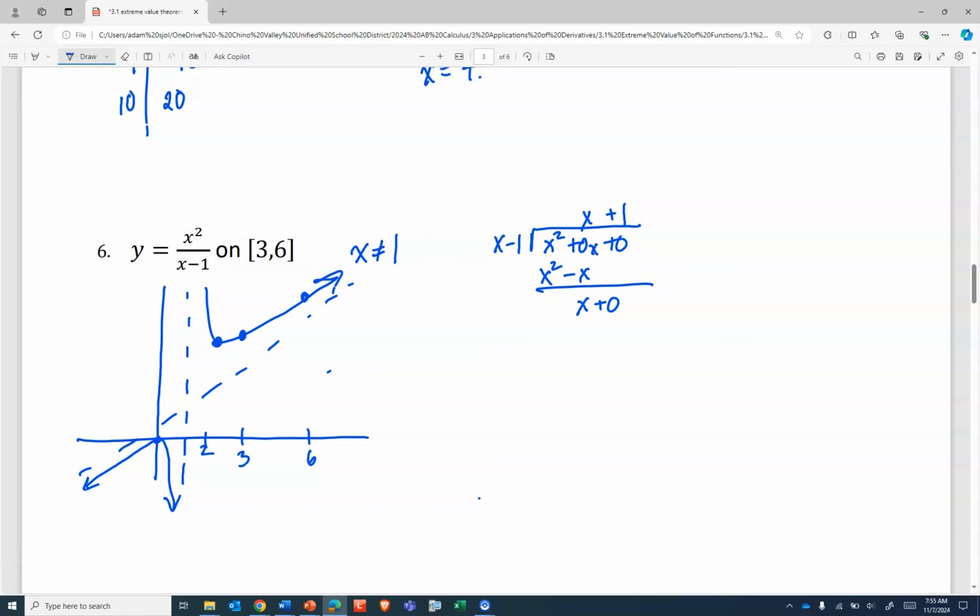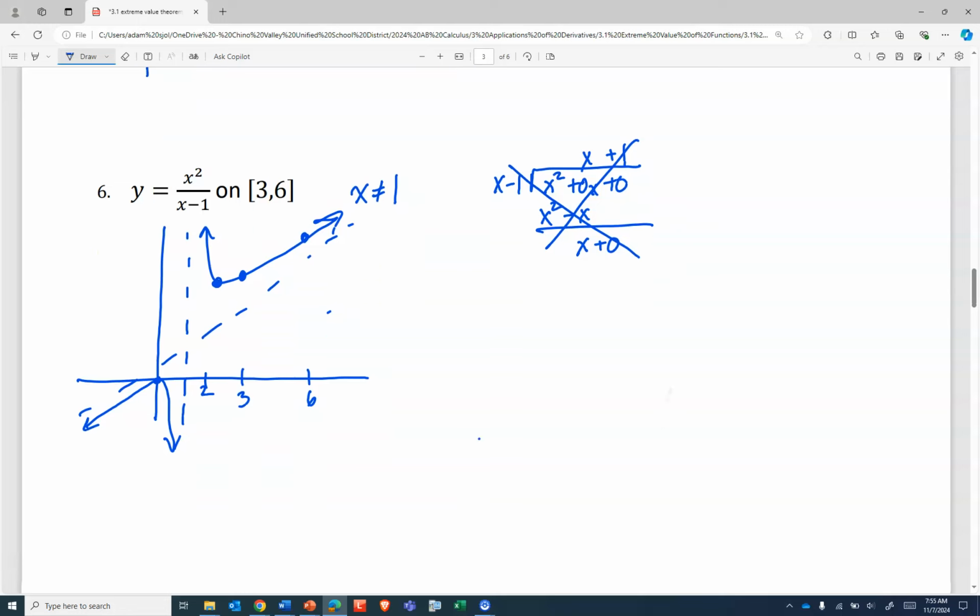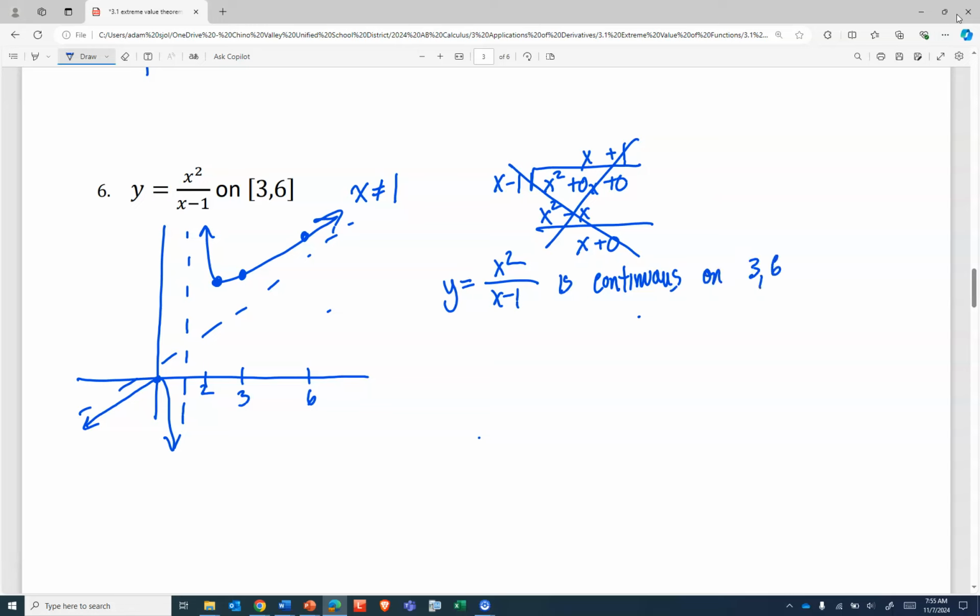I didn't finish my division, but I don't really want a remainder. Let's get rid of that. Okay, so y equals x squared over x minus 1 is continuous on the closed interval 3 to 6, so a maximum and minimum are guaranteed.